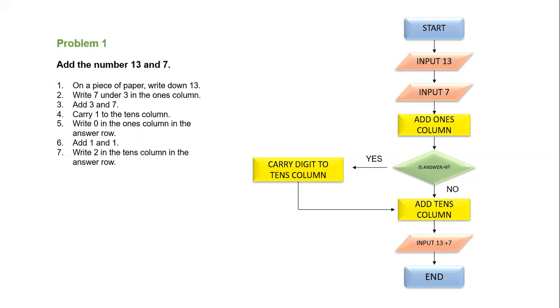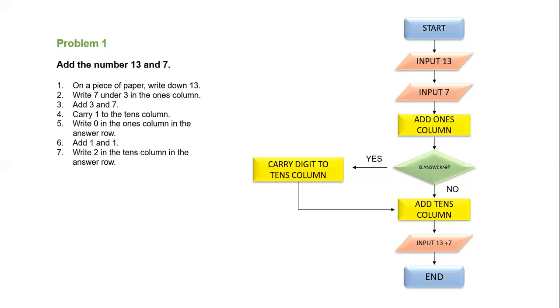And it's checking in the decision box, which is the green one. It's the deciding stage. It's deciding: is the answer greater than 9? It's checking that if the answer is greater than 9, so you'll be looking at 13 plus 7. Yes, the answer is actually above 9.